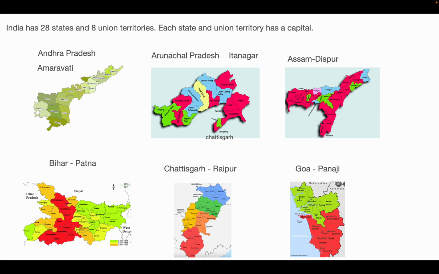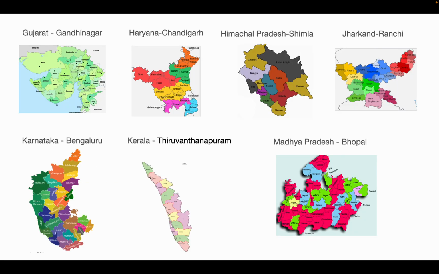Goa's capital is Panaji. Gujarat's state capital is Gandhinagar, and Haryana's state capital is Chandigarh. Himachal Pradesh has its state capital at Shimla, and Jharkhand's state capital is Ranchi.